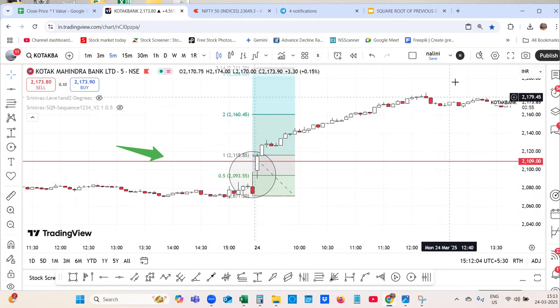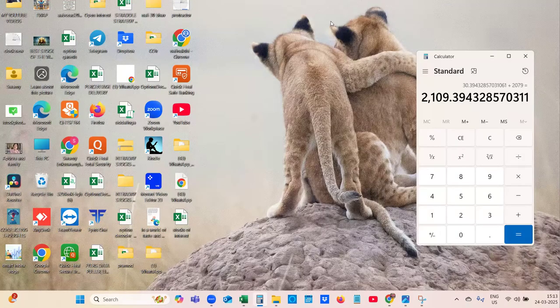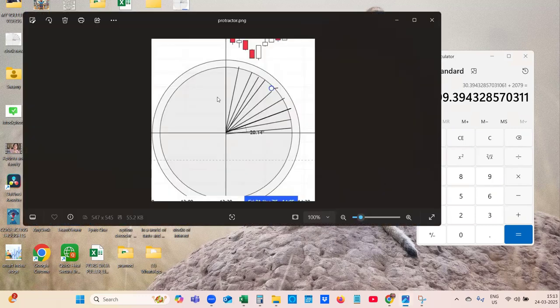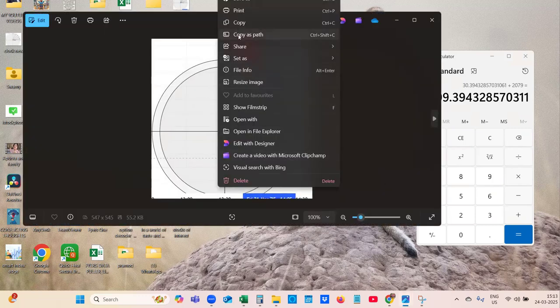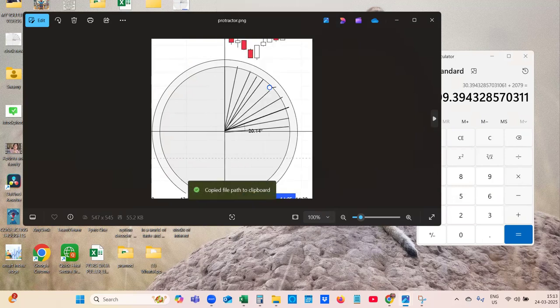Okay. Let me go to 1 minute. I'll copy this clock. This is the clock which I made.